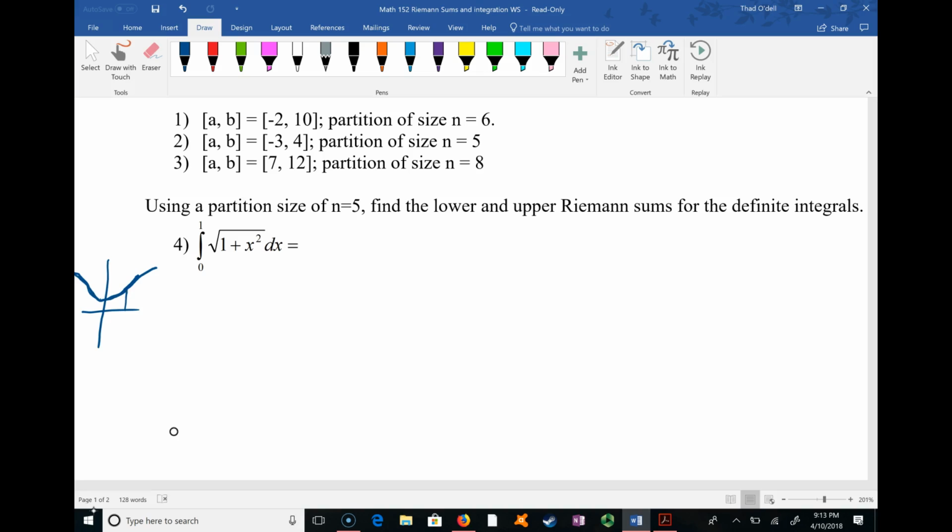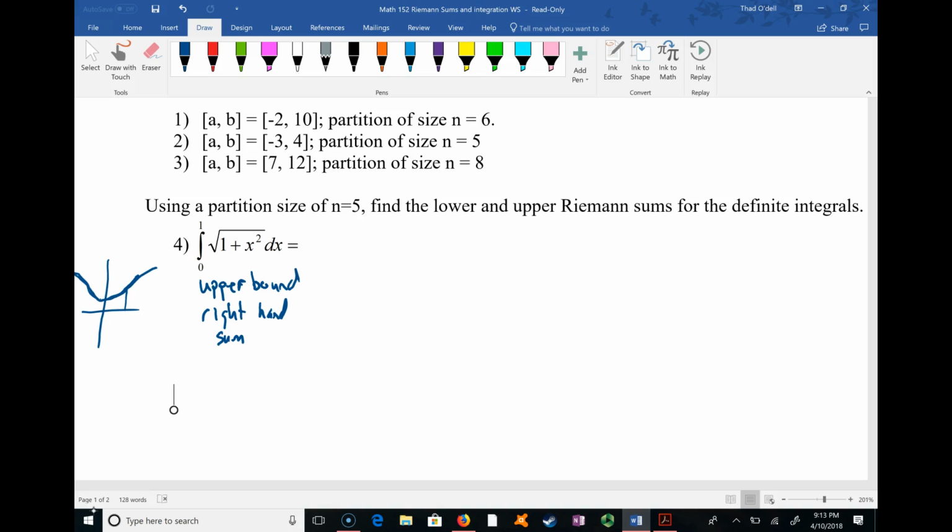So that means that an upper bound is going to be a right-hand sum, because the right side is always going to be greater than the left side.